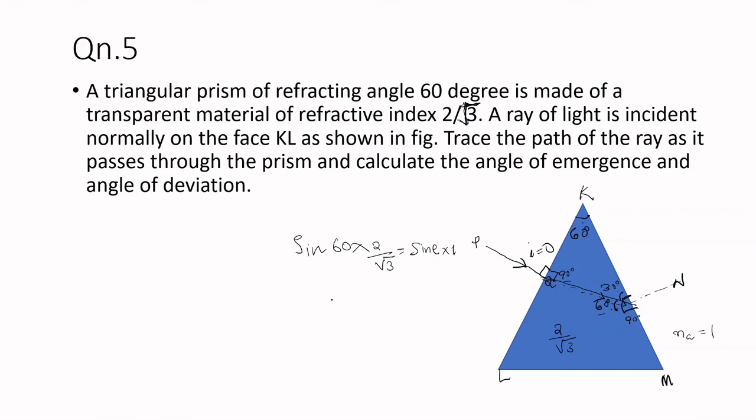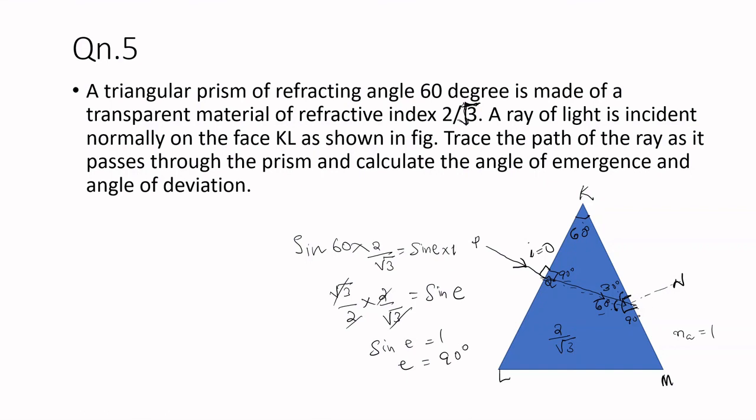So what is sine 60? That is root 3 by 2 into 2 by root 3 is equal to sine E. That means this gets cancelled and we get 1. So sine E is equal to 1. That means E is 90 degree. So the emergent angle is 90 degree.